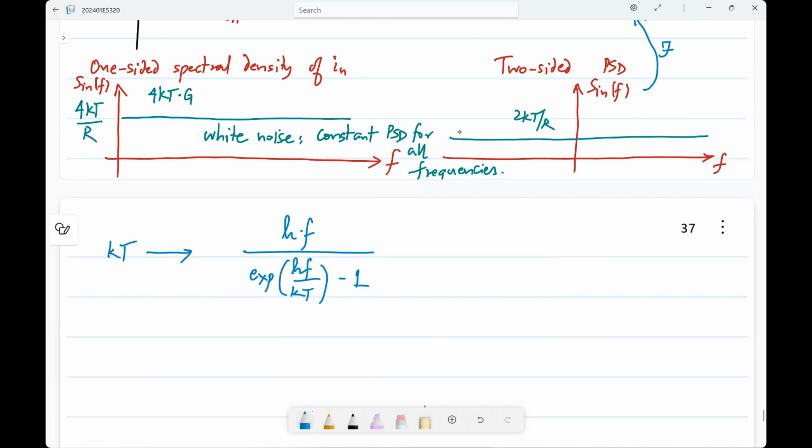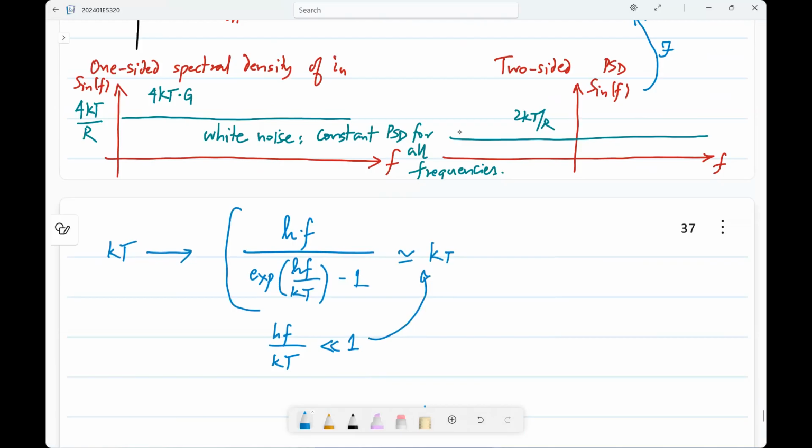So what happens if hf by kT is much smaller than 1? What is the approximation for an exponential if the argument is very small? 1 plus x. So in this condition, it is approximately kT, but the actual one is this.